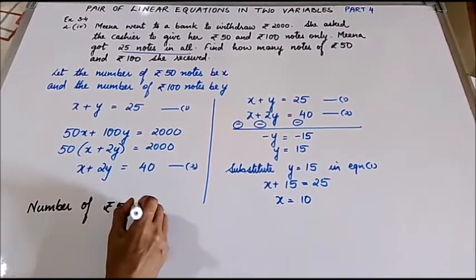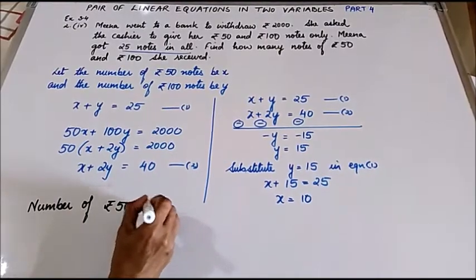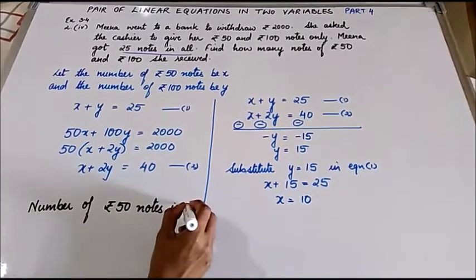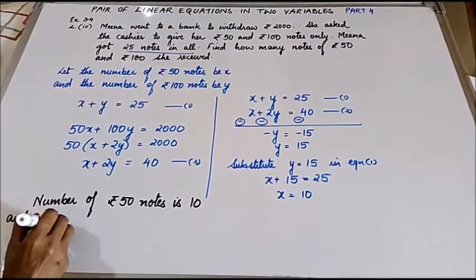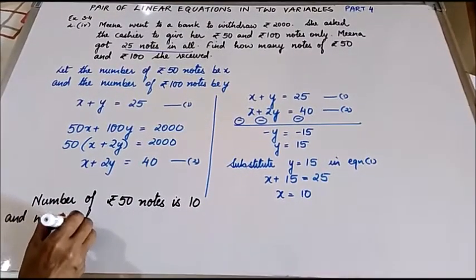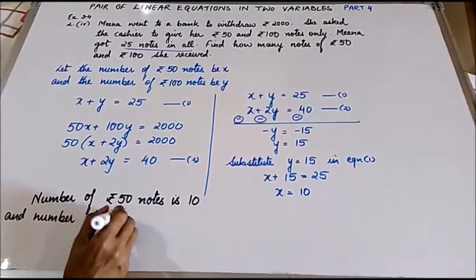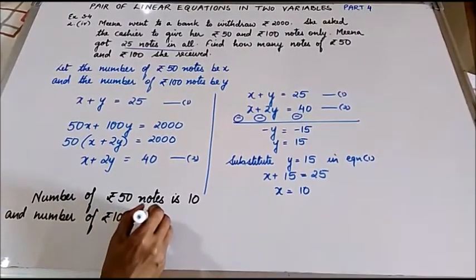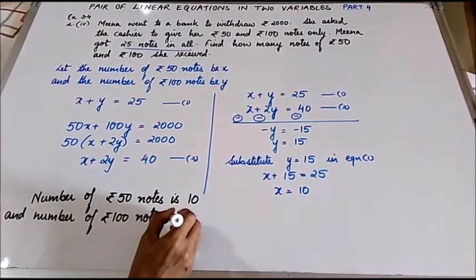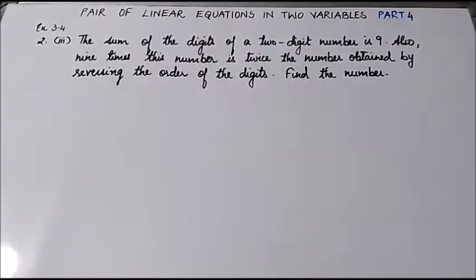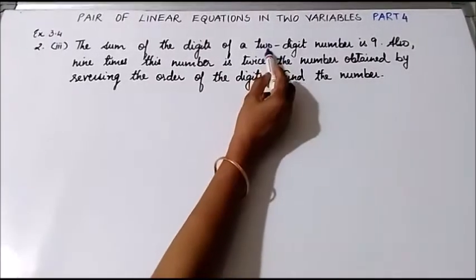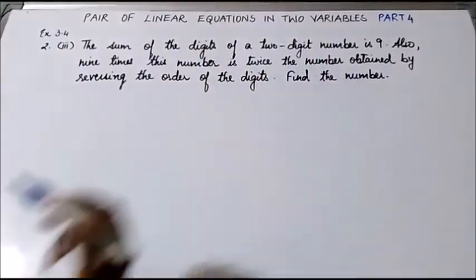₹50 notes is 10 and the number of ₹100 notes is 50. Let us do question number 3. In this you can see a 2-digit number is given and we have to find the number.